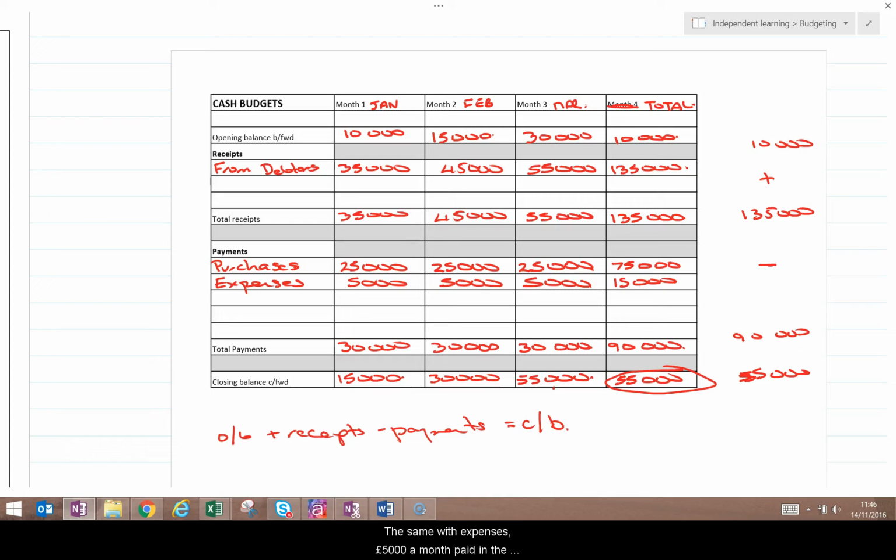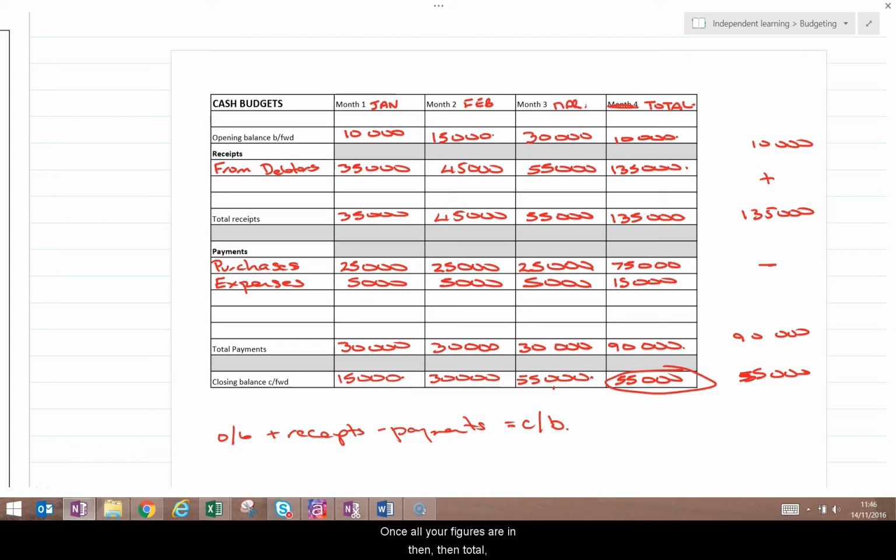The same with the expenses, £5,000 a month paid in the month of purchase. So again, very easy to write those in. So get the easy ones into your cash budget first. Tick them off so that you know you've recorded them, and then start thinking about the more complicated ones and the ones that require some calculation.